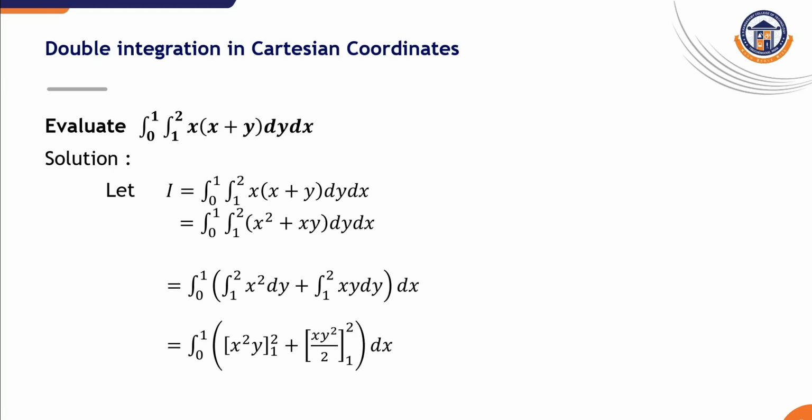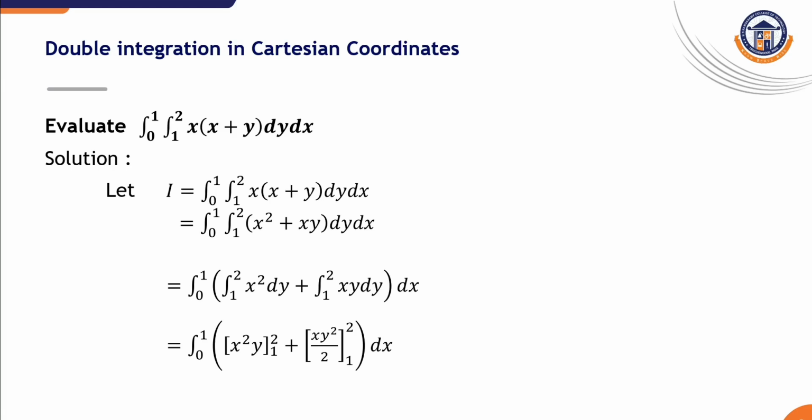Now again, this integration has two integrations, with respect to y and x. First the integration with respect to y, after that we integrate with respect to x. So we take the first integral, limit 1 to 2 of x² dy, plus the integral 1 to 2 of xy dy.